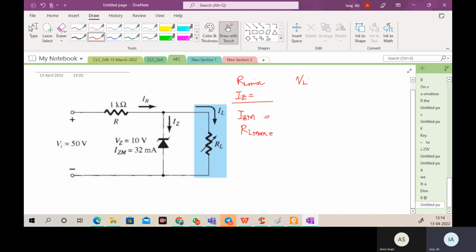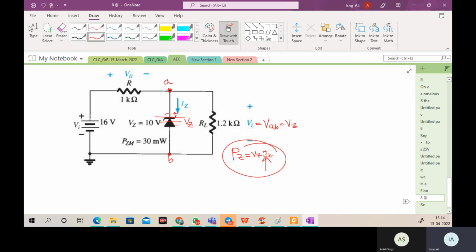So VL is equal to VZ is equal to, what is that equation? RL by R plus RL into input voltage. Now RL minimum we already determined from the last equation. What is the RL minimum?